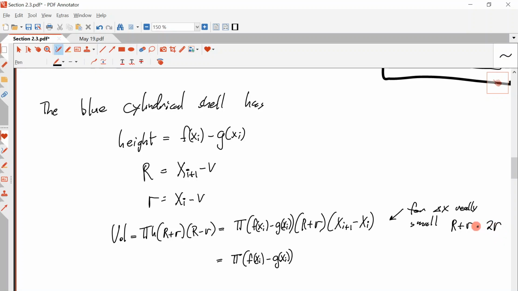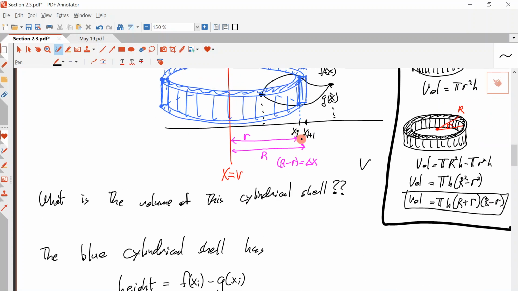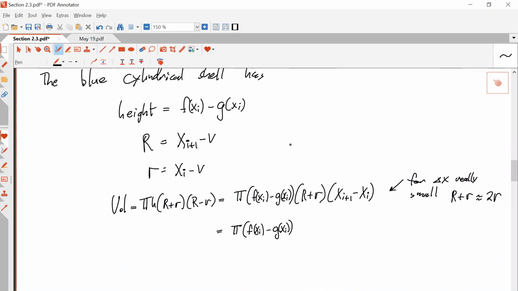It's approximately 2 times the little radius, because there's supposed to be very little difference, right? We're going to let delta x go to 0, because we're letting n go to infinity. So the difference between little r and big R is not that much. So this is approximately equal to 2r, and then this is delta x.